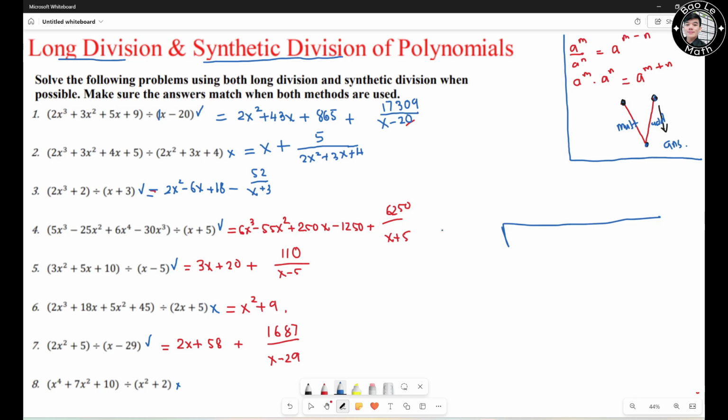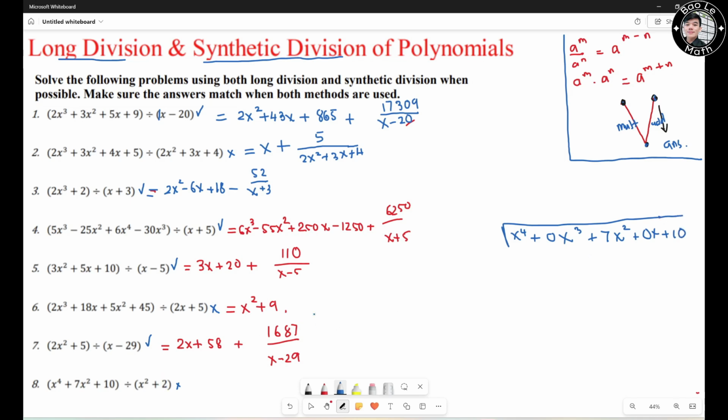So highest power is going to be s to the power of 4. And then no s to the power of 3, so you need to make it up, 0s to the power of 3. And then plus 7s squared. There is no s term there, so you need to make it up, 0s. And then the last one should be plus 10.